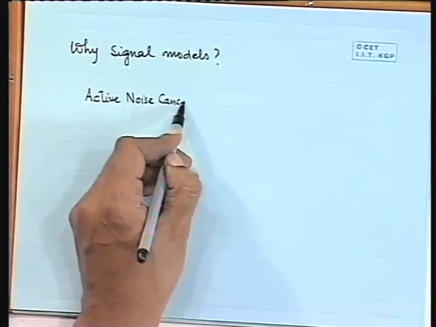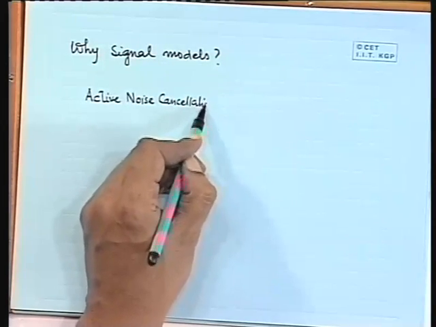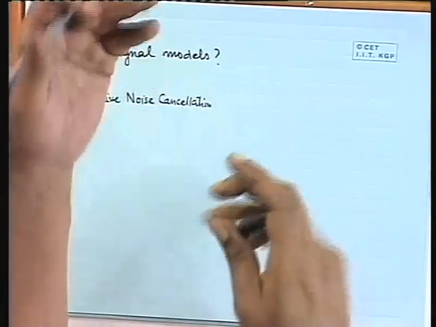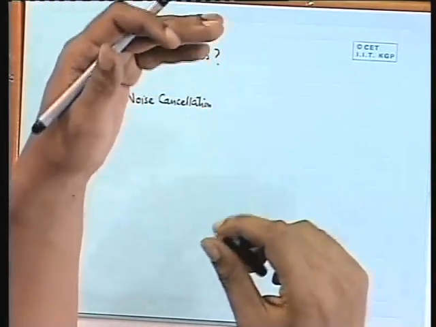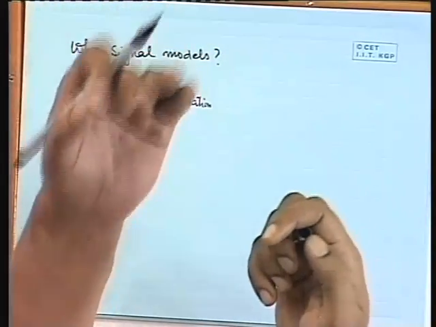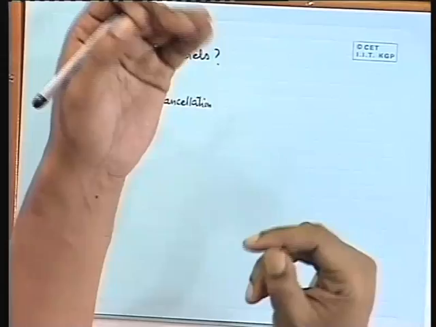If we want to do that, what do we essentially need? We essentially need to predict the next noise signal being created, what is going to be its amplitude and phase in the next instance, so that we can create another signal which will destructively interfere with it and reduce the noise.